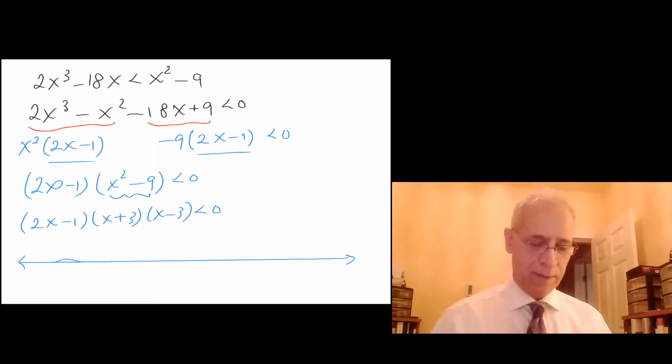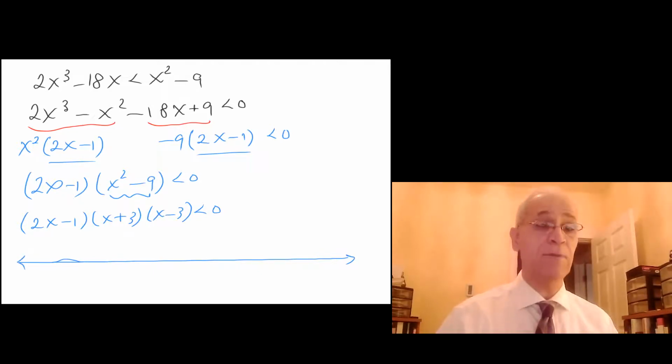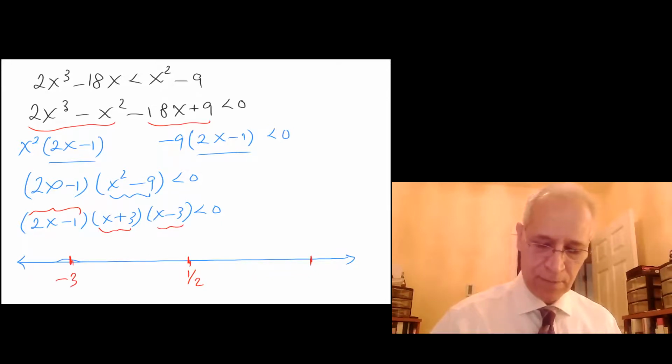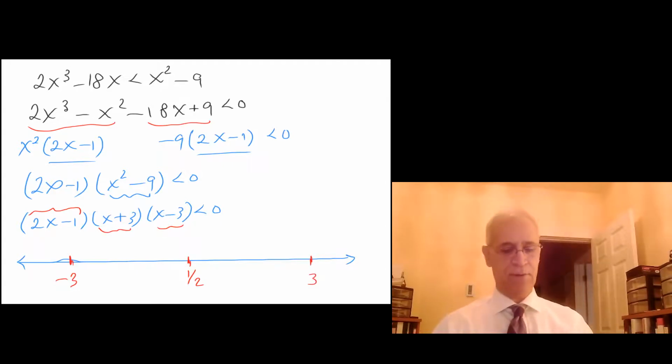Setting my factors equal to 0, this gives me positive 1/2, somewhere in here. This gives me negative 3, somewhere in here. And this one gives me positive 3, somewhere in here.